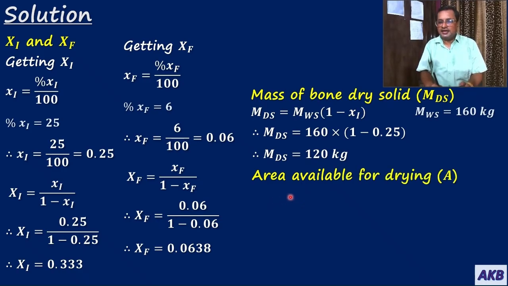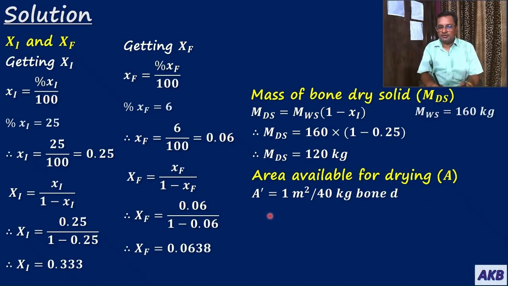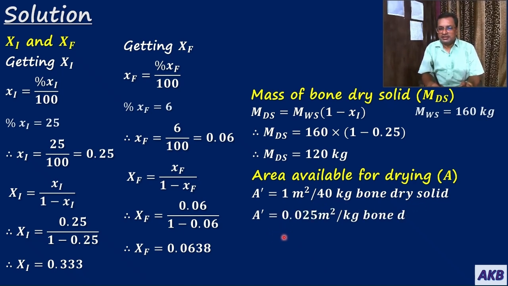Then let us get area available for drying, that is capital A. And for that A dash is given to us. A dash is 1 meter square per 40 kg bone dry solid. So that is nothing but A dash is 0.025 meters square per kg bone dry solid. So if I multiply this quantity 0.025 with the mass of bone dry solid, I will be getting area that is available for drying.